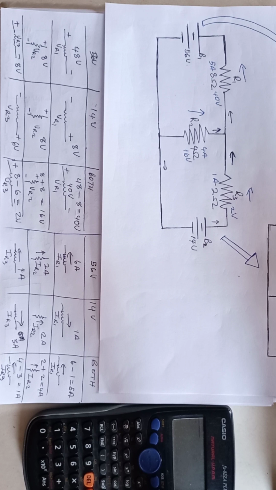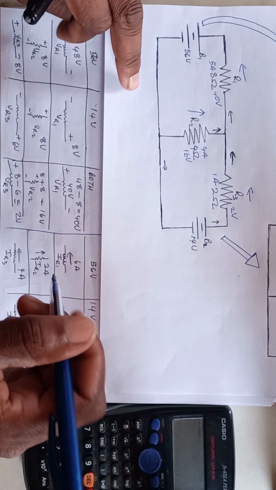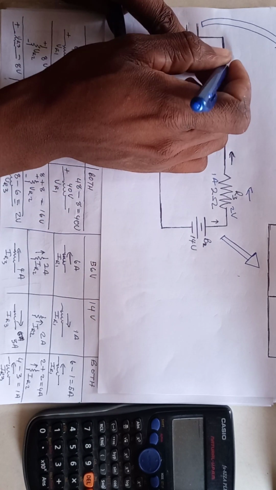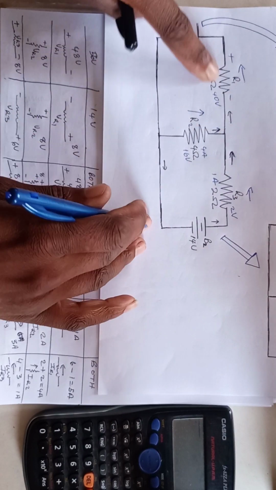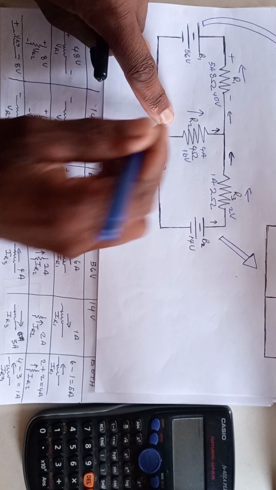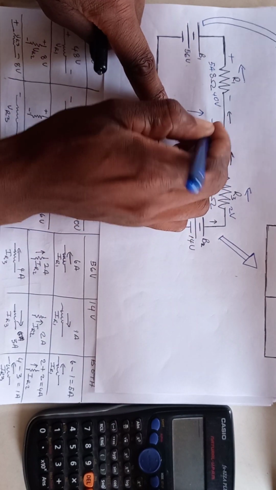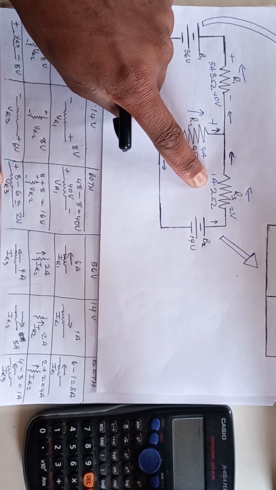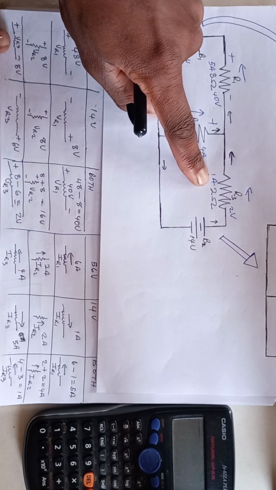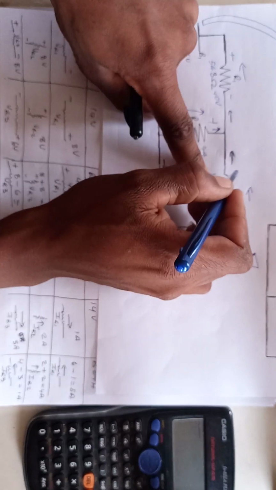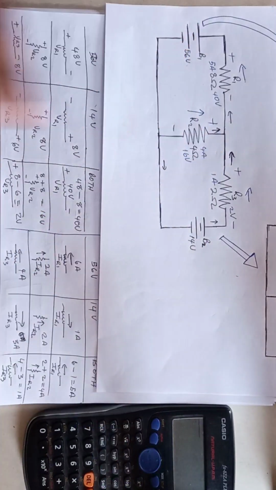It's almost the same thing though. And what did we see about the polarity? Across R1 we are positive on this side and negative on this side, across R2 we are negative here and positive here, and across R3 we take that of the bigger one, so we are positive and negative.